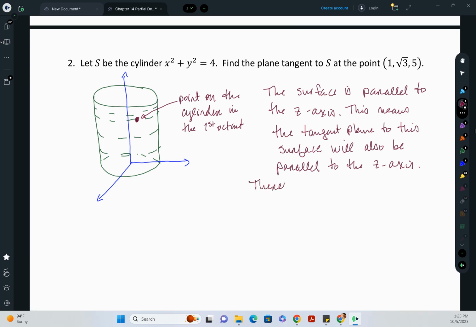Therefore, z will not be a part of the equation. Only x and y will be involved.